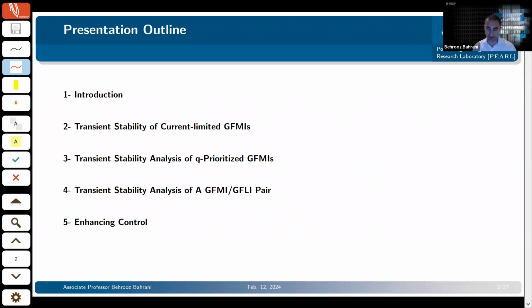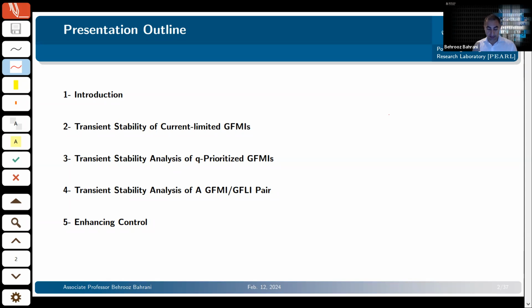I'll be going through a very brief introduction. I'm expecting that most people here today are familiar with the concept of grid-forming inverters and already know what exactly they are, but a very brief introduction into them. And then I will dive into the concept of transient stability, particularly with a focus on current limited grid-forming inverters, and we'll see why.